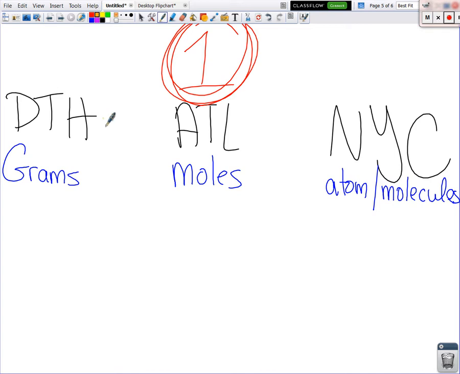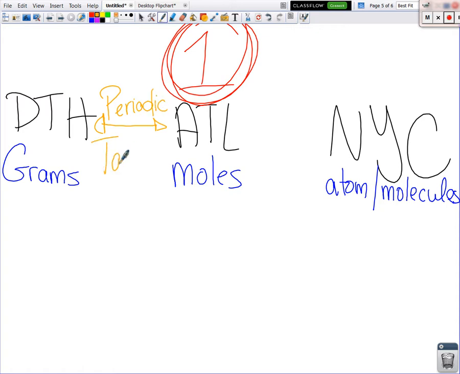So then we have to add this concept. Well, if I'm going from grams to moles, what do I have to use in order to figure that out? If I need grams, where does it come from? Very good, the periodic table.